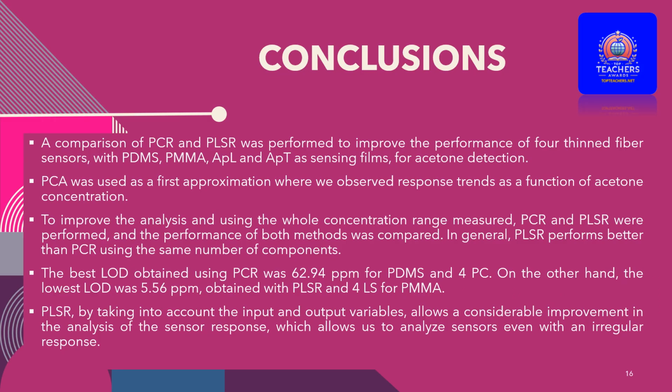In this work, a comparison of the multivariate analysis techniques, PCR and PLSR, was performed to improve the performance of four sensors constructed using a tough configuration and using different sensing films such as PDMS, PMMA, APL, and APT.